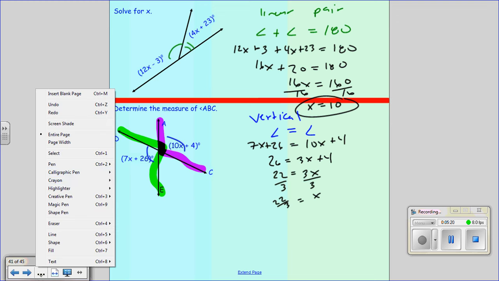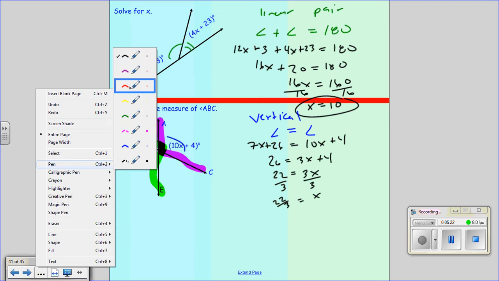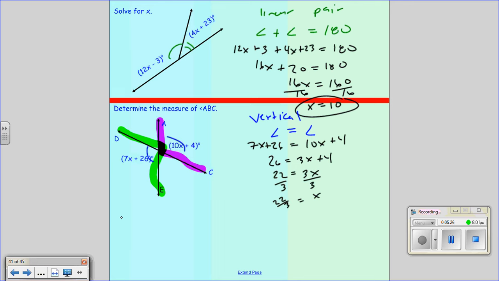And now it wants us to find the measure of angle ABC. Well, the measure of ABC is equal to 10x plus 4. Notice I put the little letter m in front of the angle symbol; that stands for measure. Okay?